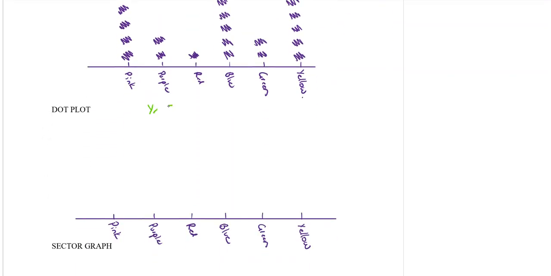So year 7D, favorite color. And then I put dots above each one.